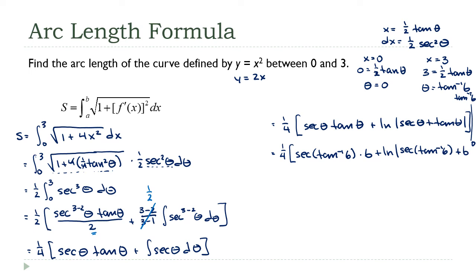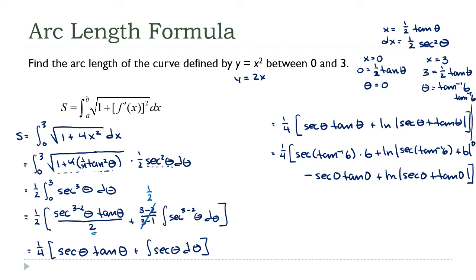This is just going to be 6. Okay, minus, now here's where it's actually going to get nice. Secant 0, tangent 0, plus the natural log, absolute value, secant 0, plus tangent 0, close the bracket.